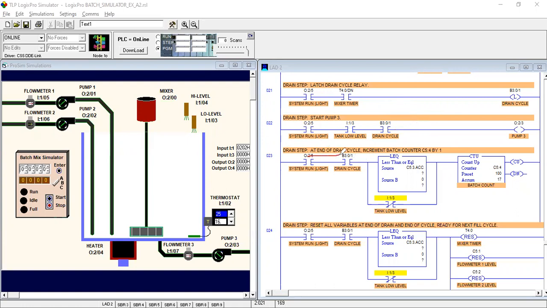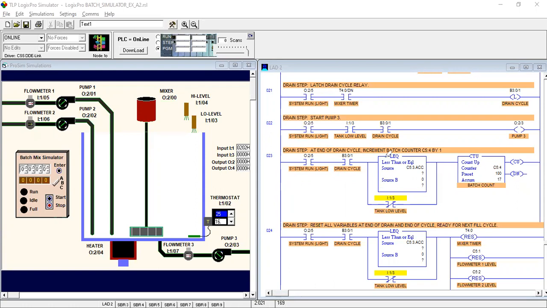At the end of the drain step or drain cycle, increment batch counter C5 by 1. So the system run light we connect as general, and the drain cycle is the internal bit for connecting to our inputs.